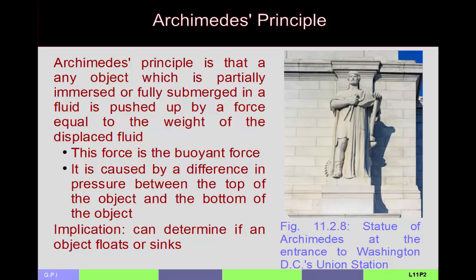And that displaced fluid is going to result in an upward buoyant force which acts upon the object. And that buoyant force is caused by a difference in the pressure between the top of the object and the bottom of the object. And specifically, you can look at it as the amount of buoyant force being equal to the weight of the fluid which has been displaced.